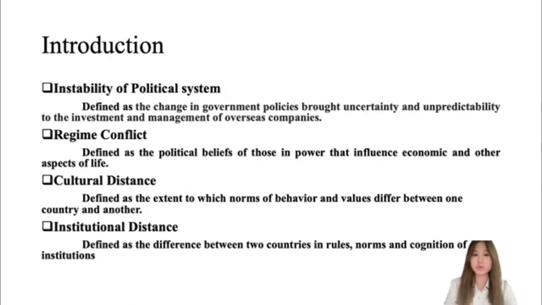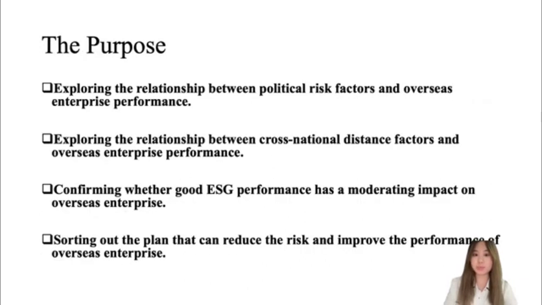Therefore, around these four independent variables, we can summarize four main purposes in this paper. First, exploring the relationship between policy risk factors and overseas enterprise performance. Second, exploring the relationship between cross-national distance factors and overseas enterprise performance.